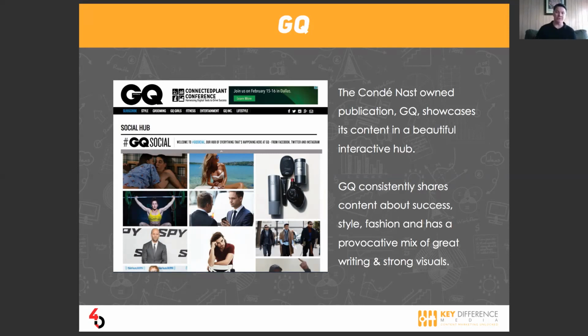So in GQ's instance, they sell all kinds of products through different channels, and they even do private labeling and their own branded product. But they consistently share content about success, which is what gentlemen are concerned with: style, fashion. They have a provocative mix of writing and strong visuals.